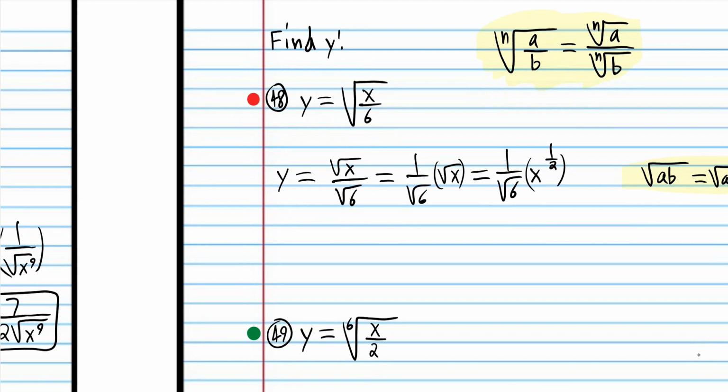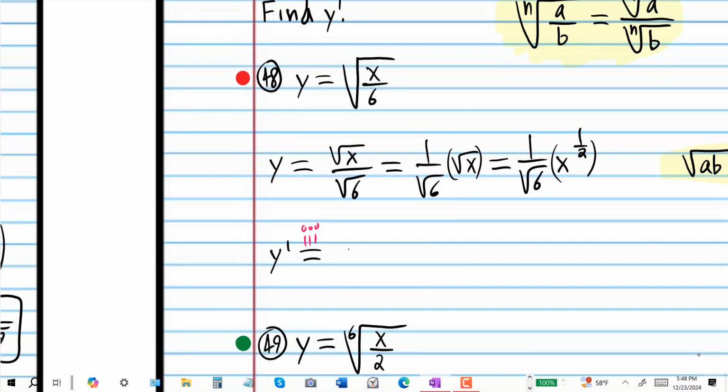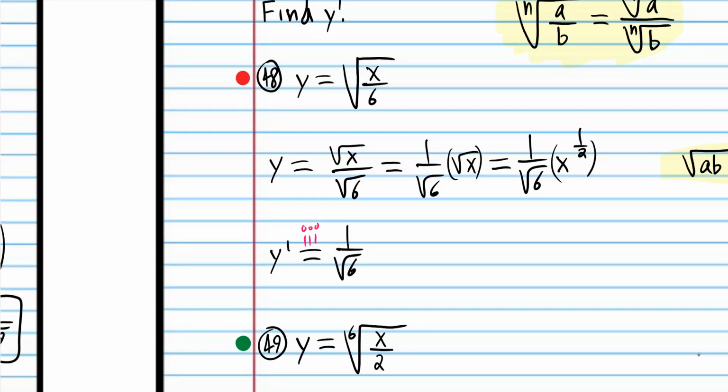At that point, we're ready to use the constant multiple rule, which tells us the derivative of a constant times a function is the constant times the derivative of the function.